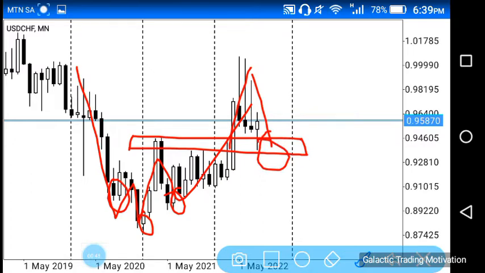So you guys know that when it comes to these patterns, being the head and shoulders pattern as well as the M&W pattern, what we anticipate or what we expect to happen once the neckline has been broken to the upside, in the case of inverted head and shoulders patterns, is for price to head back to the neckline to test it, and this is where we would look for buying opportunities.